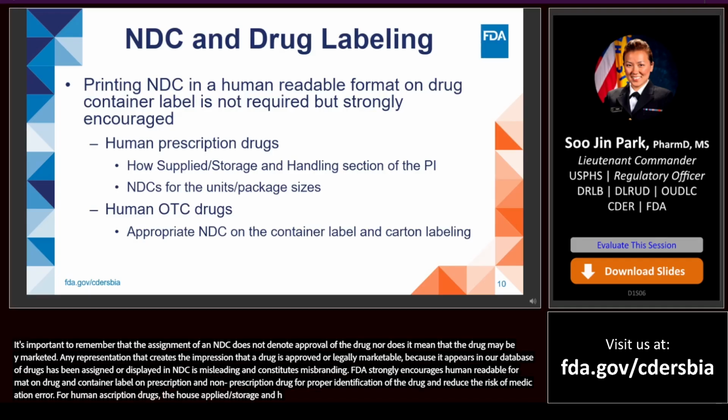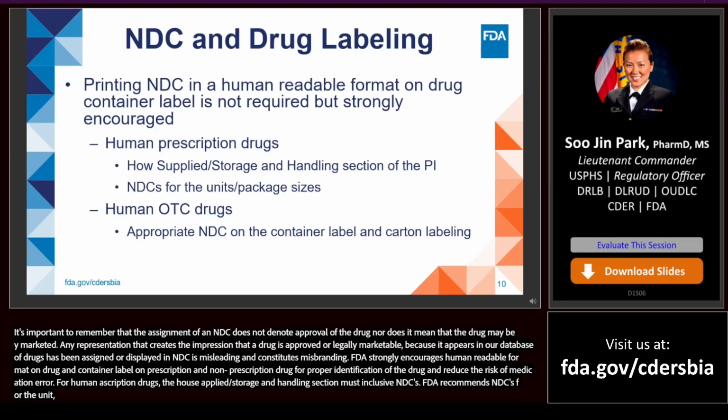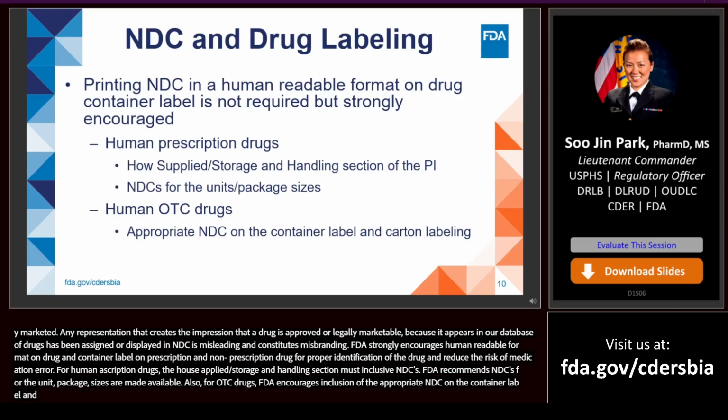FDA recommends that NDCs for the unit package sizes are made available. Also, for OTC drugs, FDA strongly encourages inclusion of the appropriate NDC on the container label and carton labeling. If a manufacturer, repacker, or PLD chooses to include the NDC, it should be displayed in the FDA-assigned 3-segmented human-readable format.